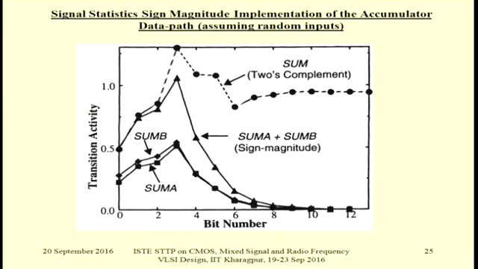For the sign magnitude case, we show the transition activity that takes place in the adder of the positive data path and the negative data path. It is quite smaller compared to the adder involved in the 2's complement case.